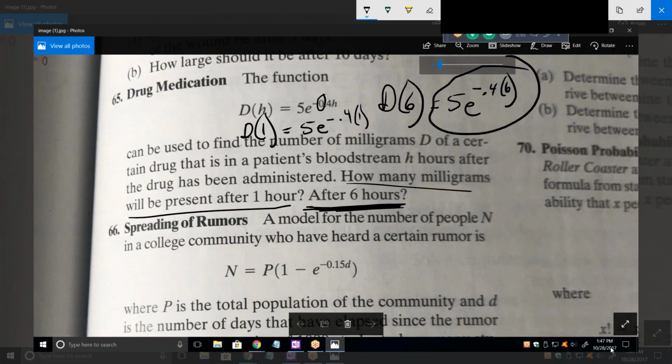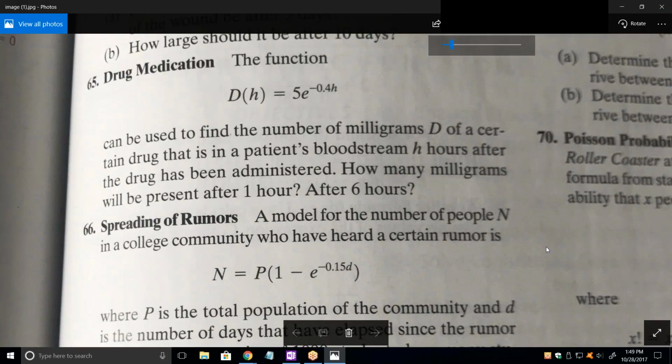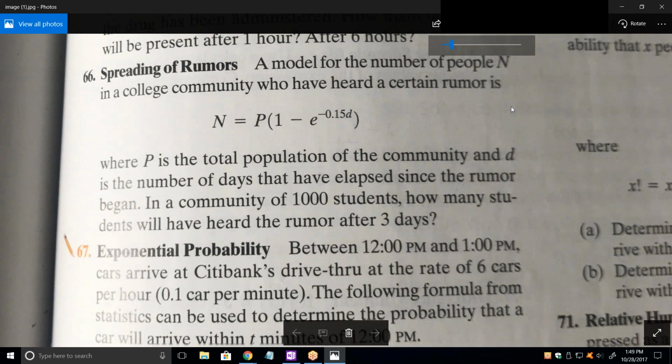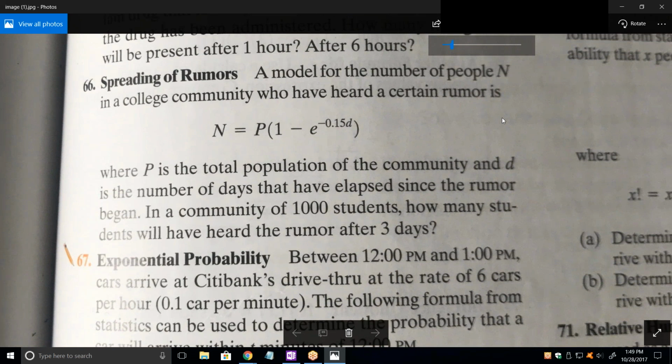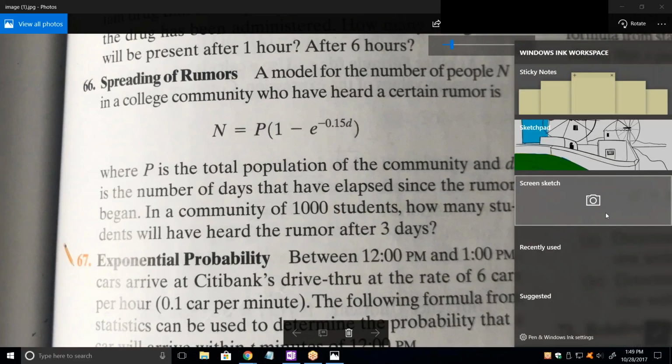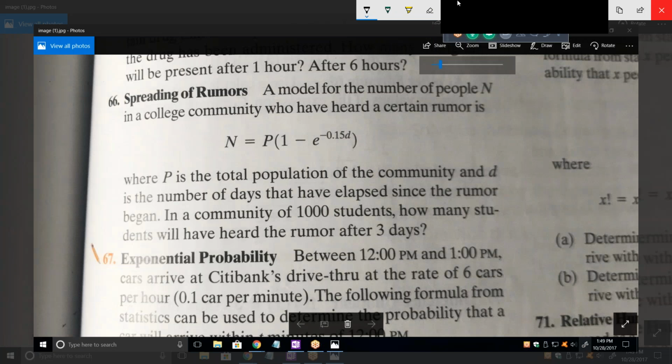I'm just going to trust you know how to do that. It looks like you do. I'm not checking it. I suspect you're pretty good with that calculator. Right? I thought so. That's not something I need to check. In other words, the key on all of these is setting it up.